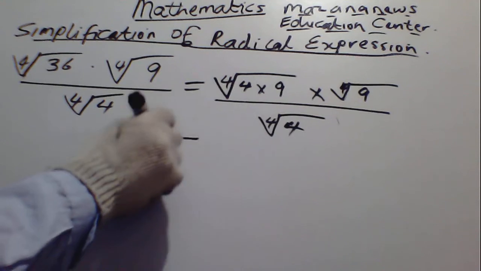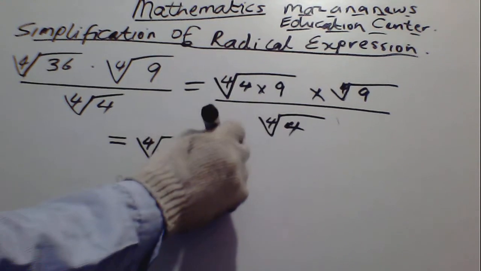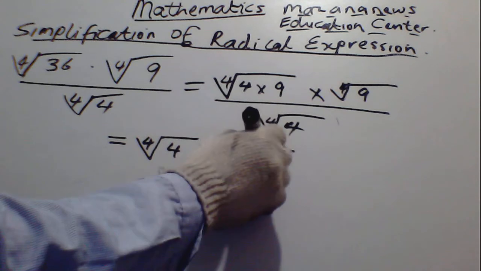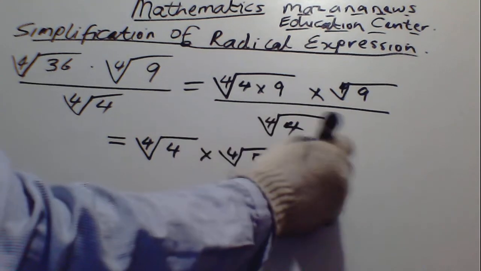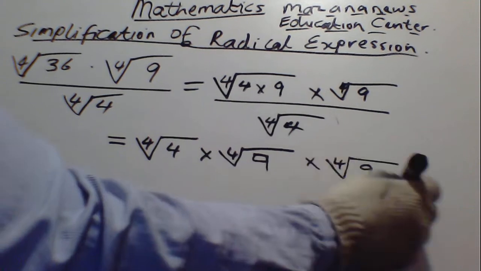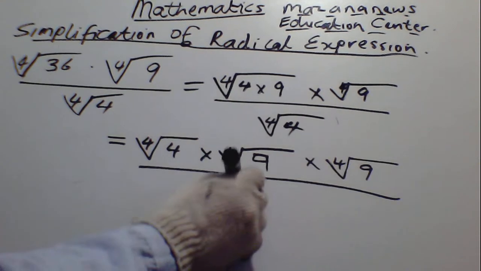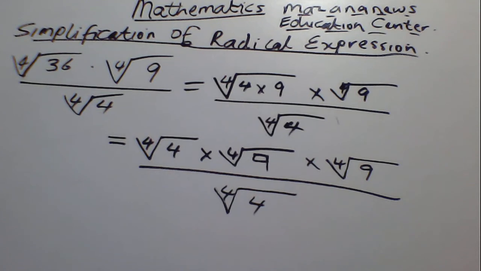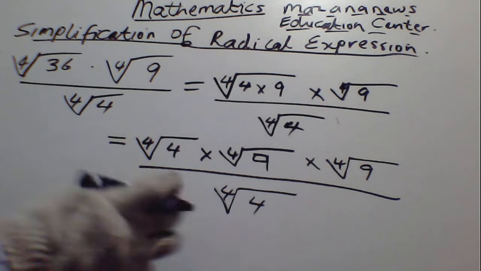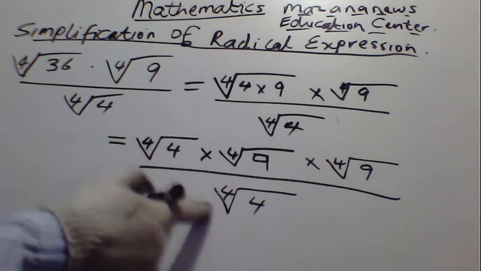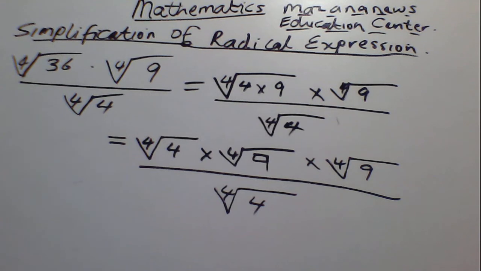We have the cube root of 4 times the cube root of 9, multiplied by the cube root of 9, all divided by the cube root of 4. So from here we now see it very clearly that the fraction can cancel out.